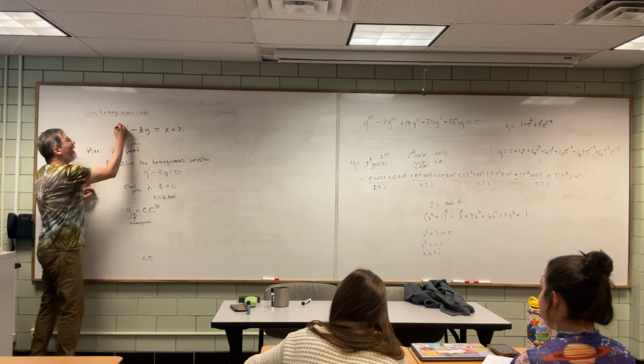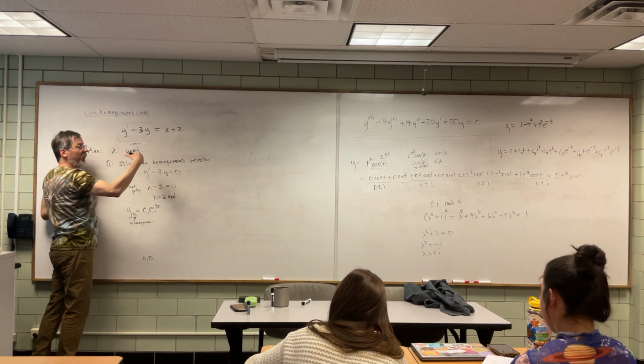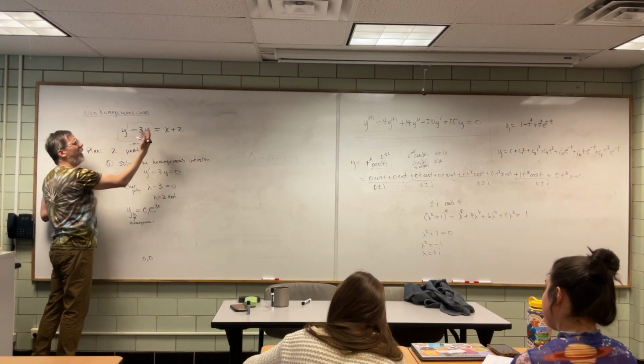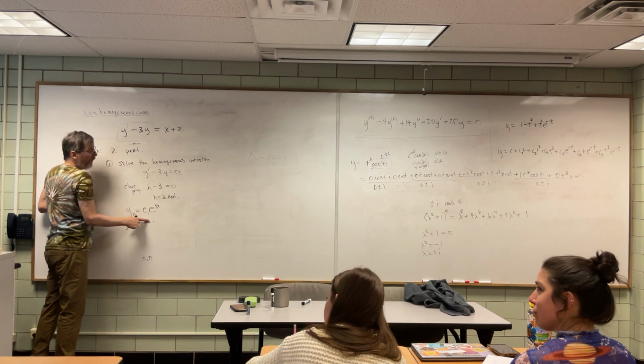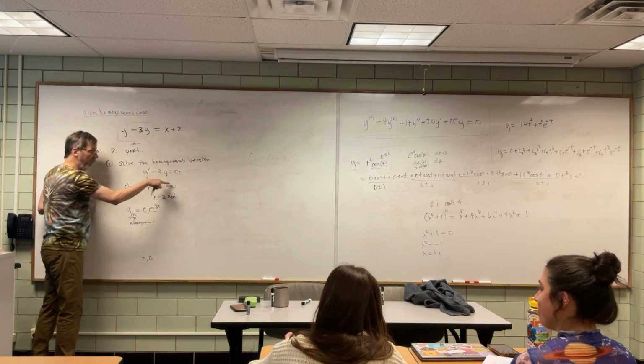So I can think of this left side as a thing that eats y's. Y equals a function of x. It eats a function, it takes its first derivative, and it subtracts off 3 times the function itself. So when I feed this function into the left side, what comes out? 0.